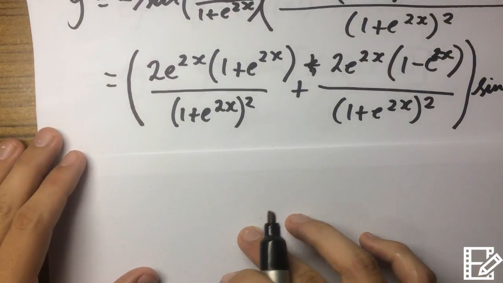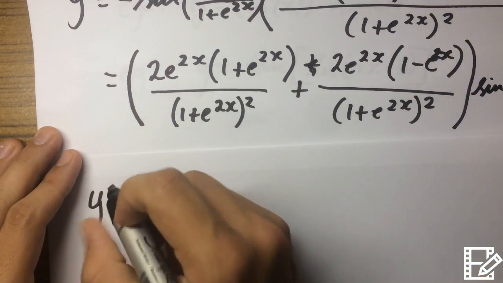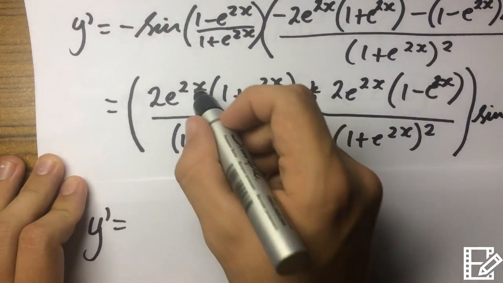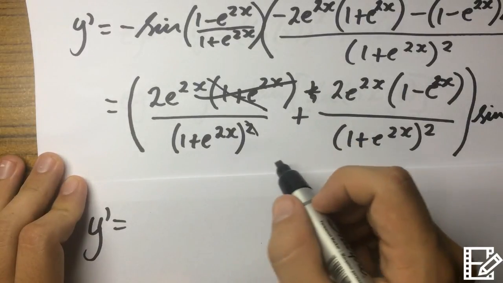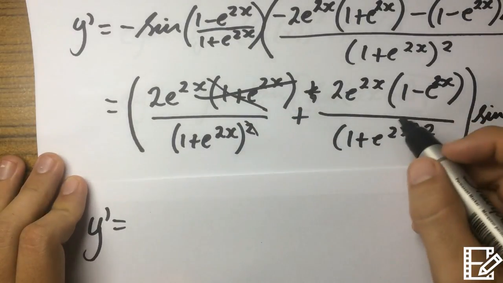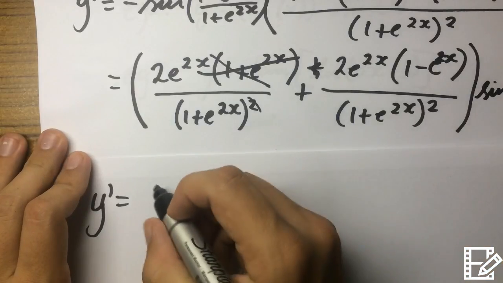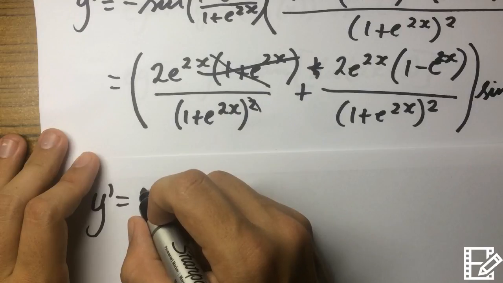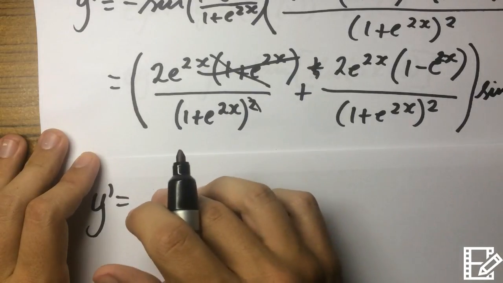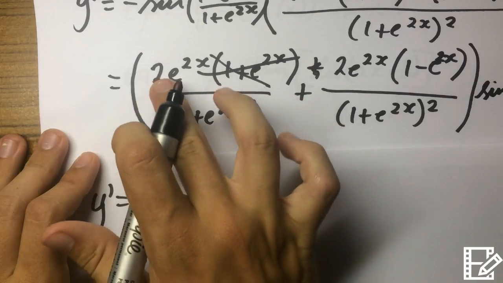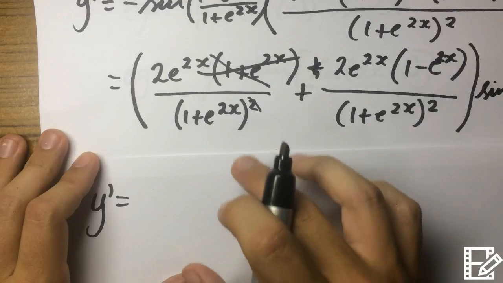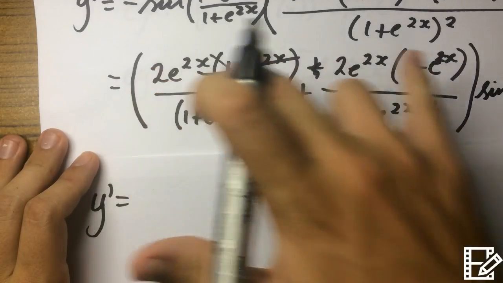Okay, we're not done with the question yet. Let's see if we can rewrite it with some room. So this top part here, well, we can get rid of the 2 and we can get rid of this part altogether because it's the same. This bit isn't the same, so it has to stay. So what we're left with is, if you look closely you can see that there's a 2e^2x and a 2e^2x. That means that we can actually factor that out.